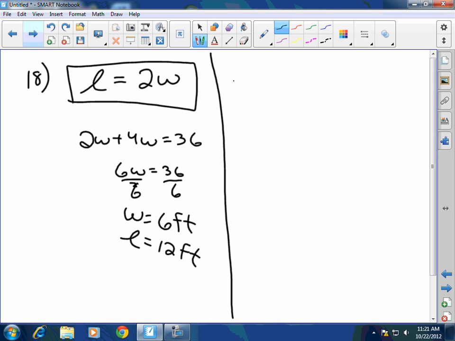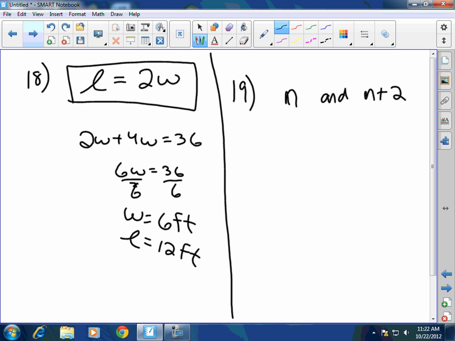Number 19, the easiest question of the test, and I don't think but 1 or 2 people got it right, because you had to read. 2 consecutive odd integers can be modeled by n and n plus 2. Do you not understand that sentence?